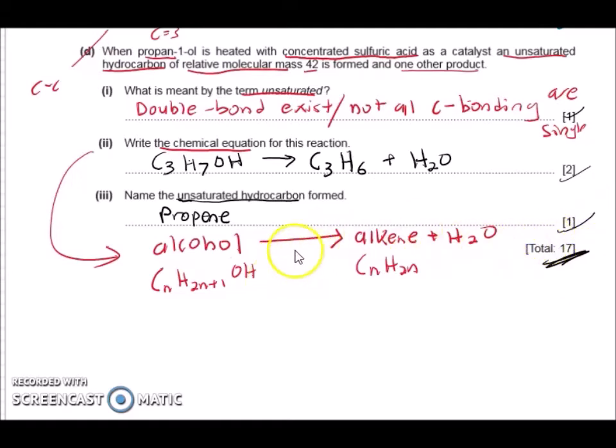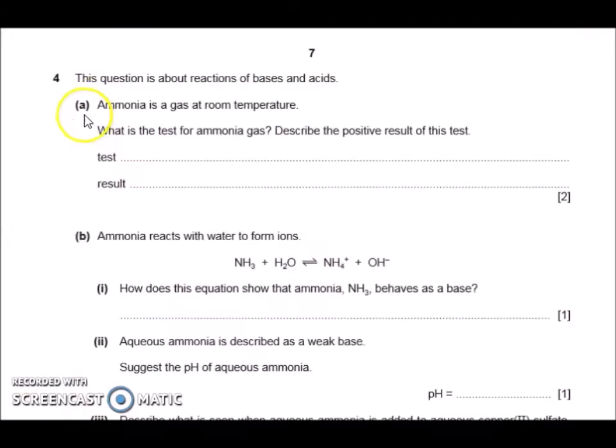Now we move on to the next question. Okay, question number 4. This question is about reactions of base and acid. Ammonia is a gas at room temperature. So what's the test for ammonia gas? Describe the positive result of this test. Okay, to test the ammonia gas, we have to use a damp litmus paper.